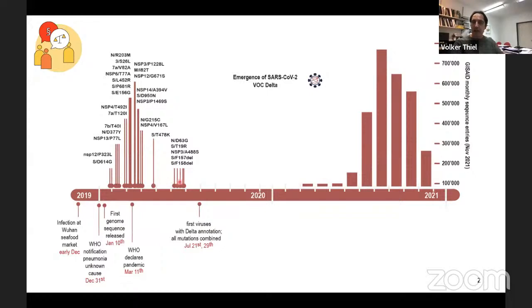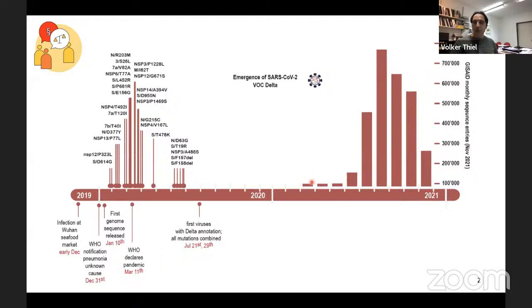So essentially, whenever we see full-length sequences, we can now go back and really see the collection dates and the submission date, and then see when those mutations were detected for the first time. And before there was even the first Delta virus, which combined all these mutations on one genome, all the individual mutations were seen before.